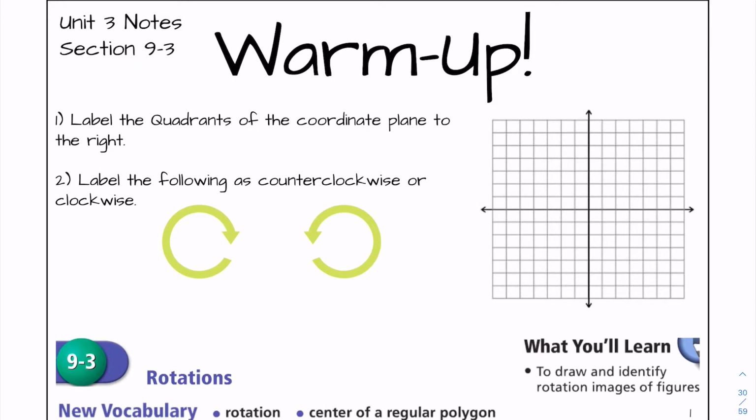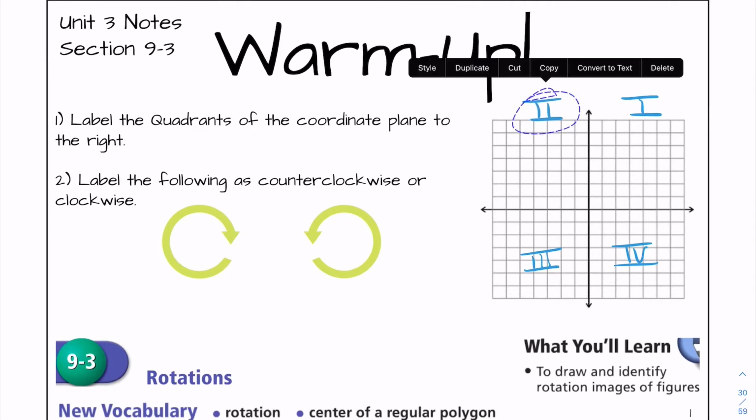At this time you can try the warm-up and pause the video, but to save time I'm going to answer this warm-up. So label the quadrants of the coordinate plane to the right. Well, here's quadrant 1, here's quadrant 2, here's quadrant 3, and here's quadrant 4. This goes in a counterclockwise direction.